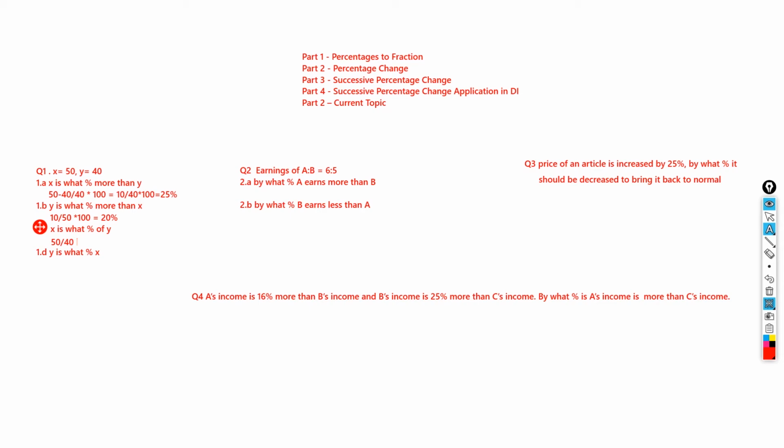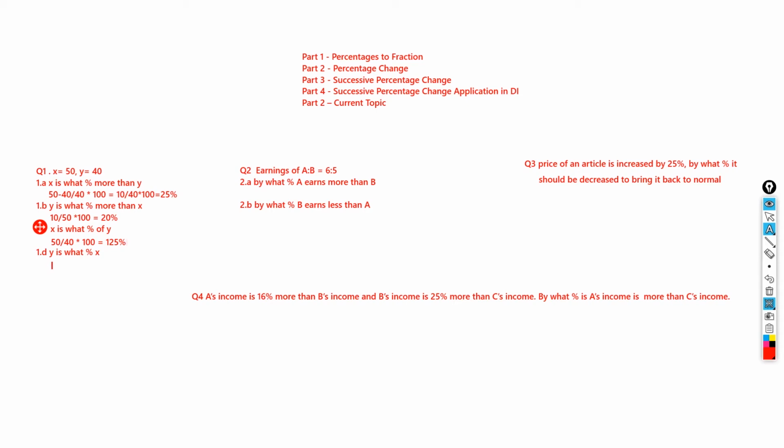So 50 by 40 into 100. This will be 125%. 50 by 40 is 5 by 4, 5 by 4 into 100, 4 into 25 is 100, 25 into 5 is 125. So x is 125% of y, which clearly illustrates that x is more than y. Yes, x is 50, y is 40, which is observed.